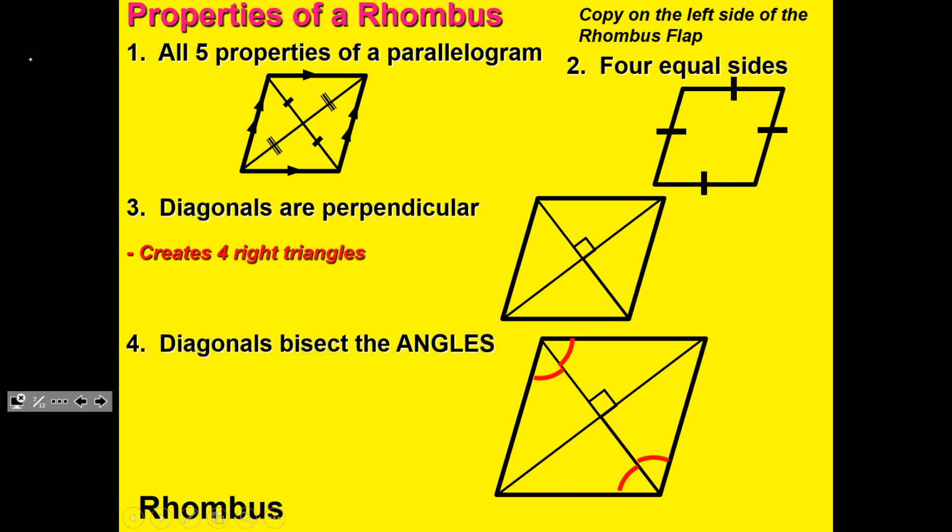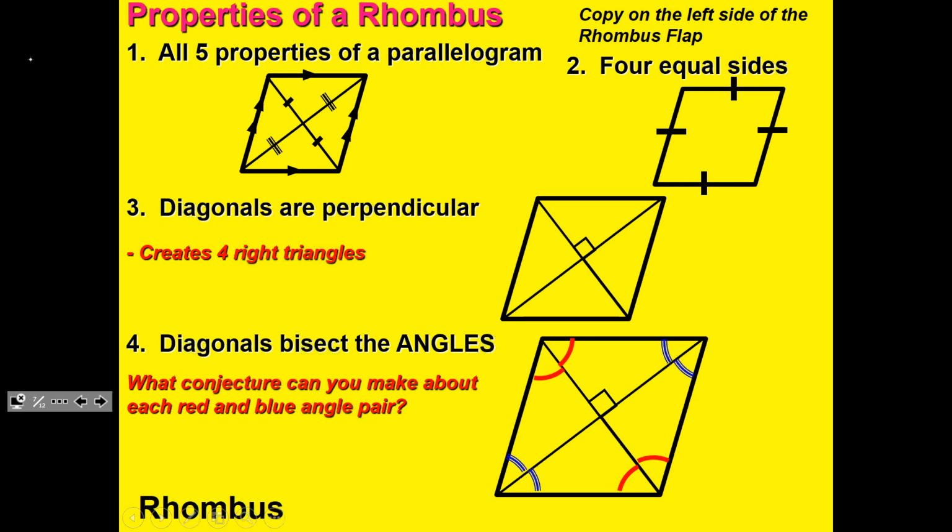Right? Same with the other corners as well. Now, this does not necessarily mean that this angle and this angle are congruent to those two. Right? It just means that these two are split in half and they're measured to be congruent, and same for the other.